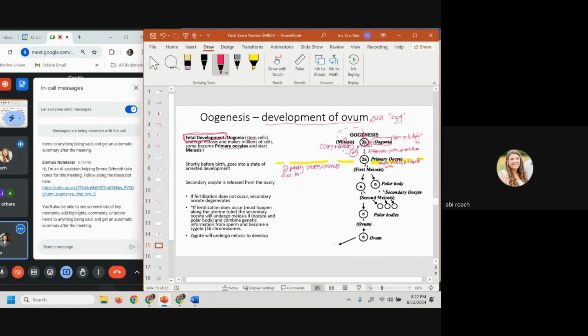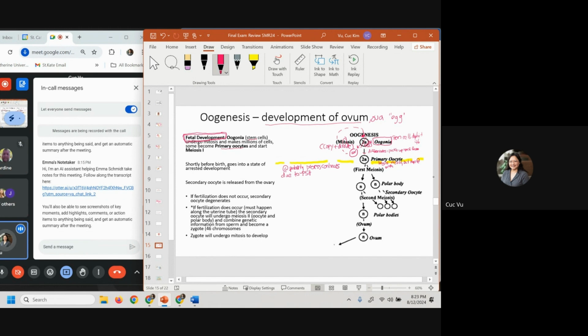The progesterone and the estrogen. Not quite yet. LH and FSH? Yes. As a matter of fact, FSH first. The follicle stimulating hormone is what triggers this process every month at puberty. So the FSH is going to cause the primary oocyte to complete meiosis 1.